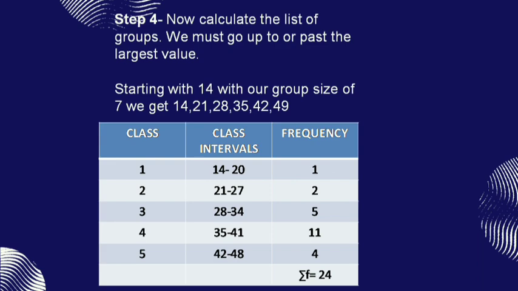The second interval is 21 to 27 and so on as illustrated in the table below. Finally, make a tally mark for each data entry in the appropriate class. For instance, the data entry 36 is in the class 35 to 41, so make a tally in that class. Continue until you have made a tally mark for each of the entries.